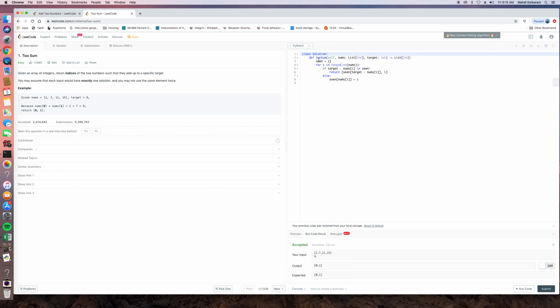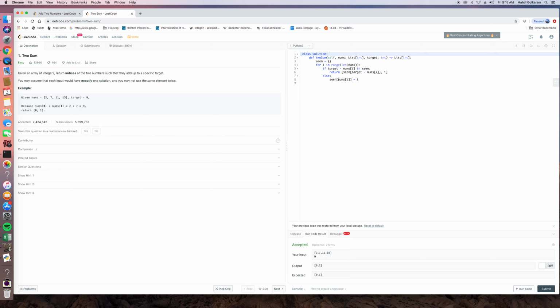We create a seen dictionary which stores what we have already seen in the past. For this algorithm, we use one for loop, and we check if target minus nums[i] is in the dictionary. If so, we just return it. Else, we put seen[nums[i]] = i.